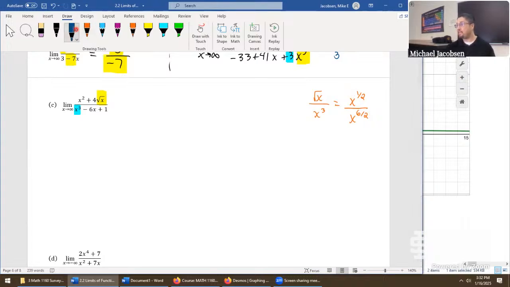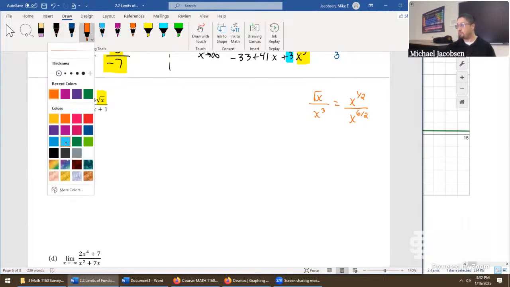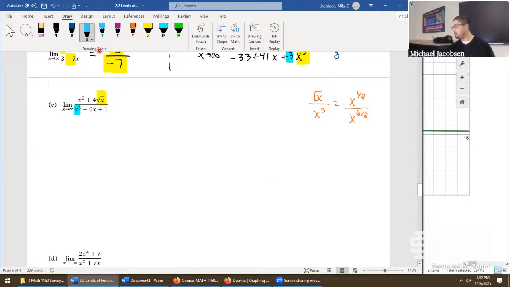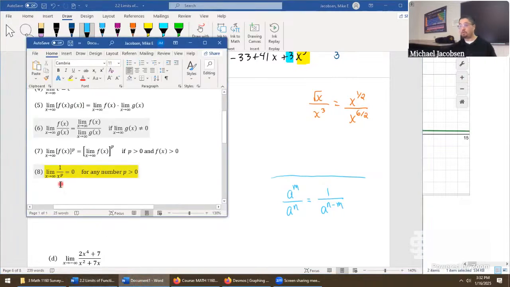Separate exponent law we need. There's so many of them. It goes like this. Let's put it down below. If you take something like a to the power of m over a to the power of n, you can rewrite this whole thing as 1 over a to the power n minus m. We like this property because we're thinking in terms of property 8 here.